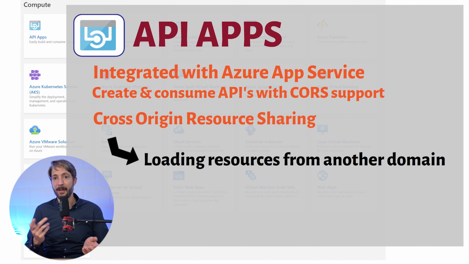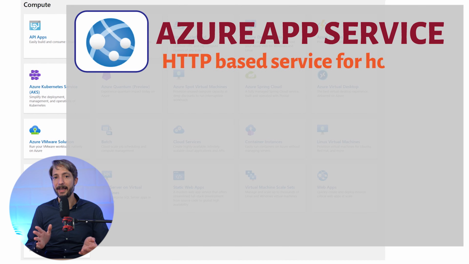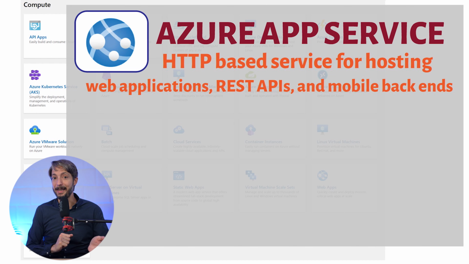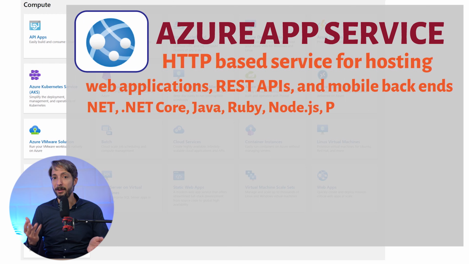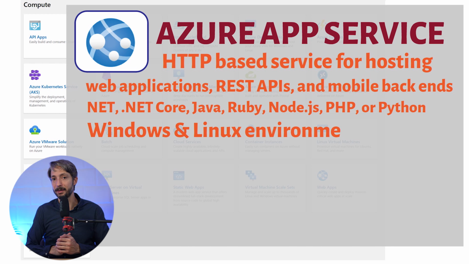accessing. Azure App Service is an HTTP-based service for hosting web applications, REST APIs, and mobile backends. You can develop in your favorite language, be it .NET, .NET Core, Java, Ruby, Node.js, PHP, or Python. Applications run and scale with ease on both Windows and Linux-based environments.